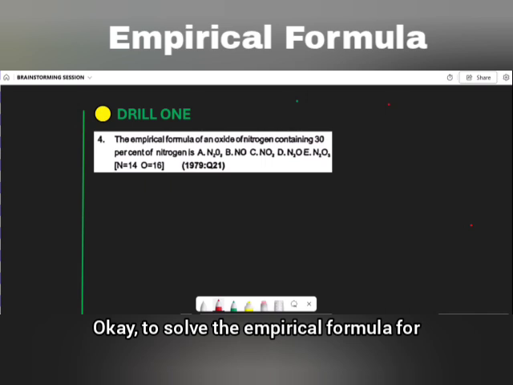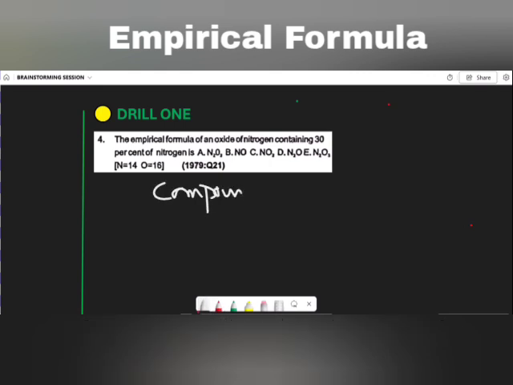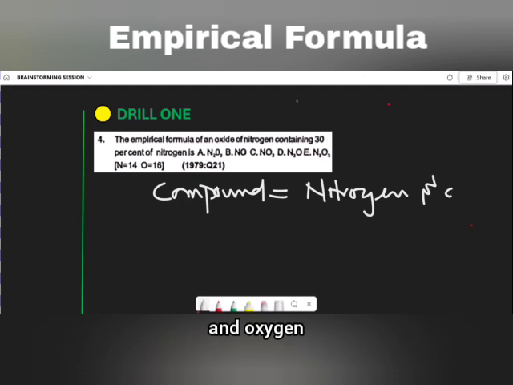Okay, to solve the empirical formula for this oxide of nitrogen, we already know that this compound is made up of two elements, which are nitrogen and oxygen.